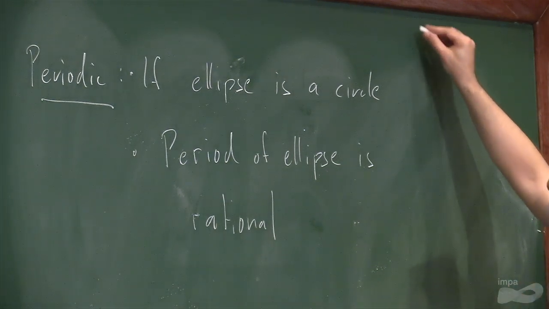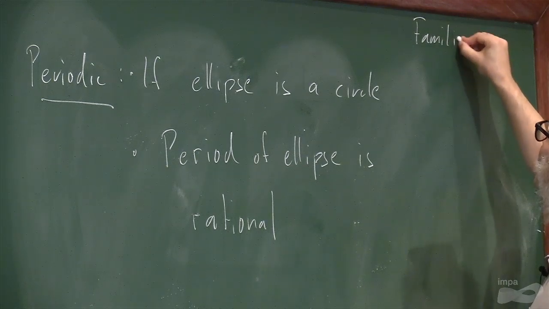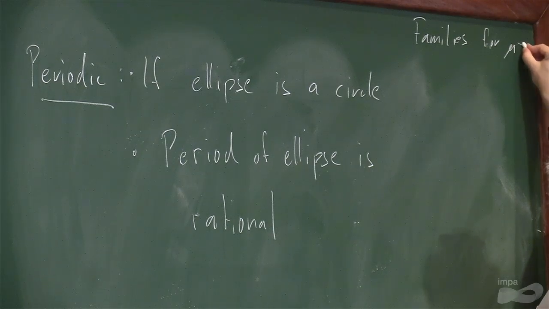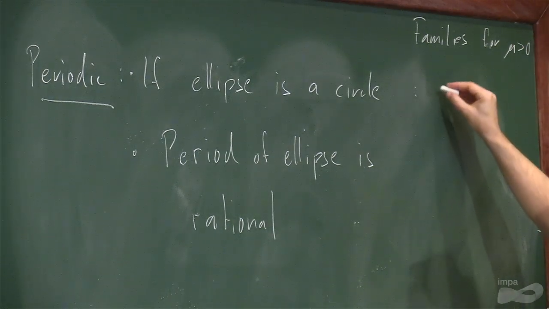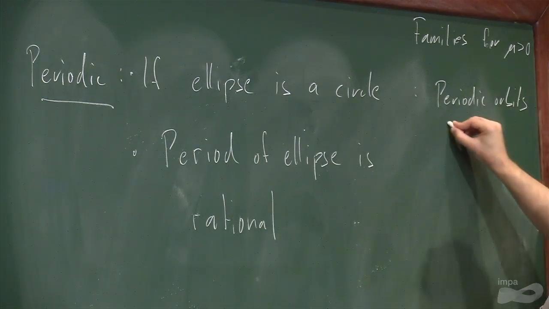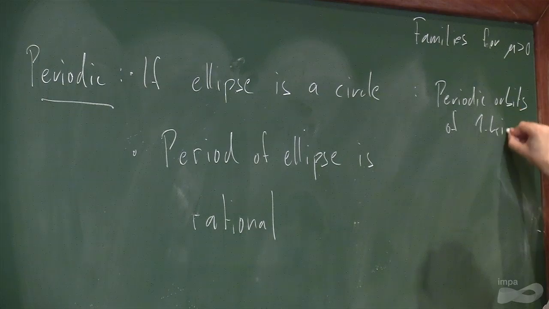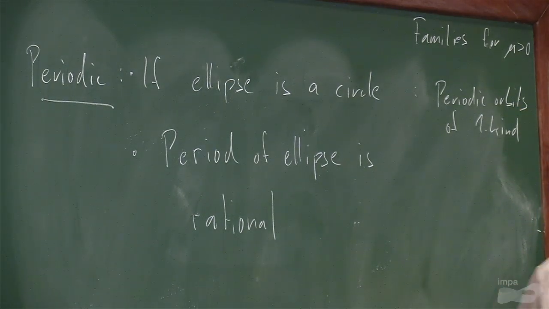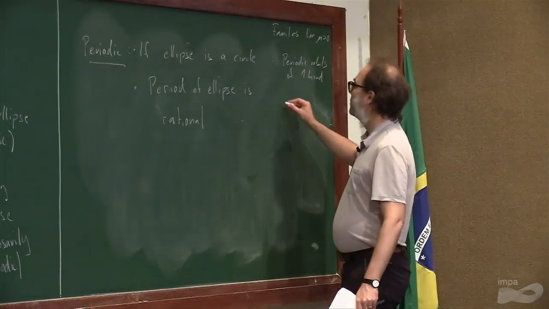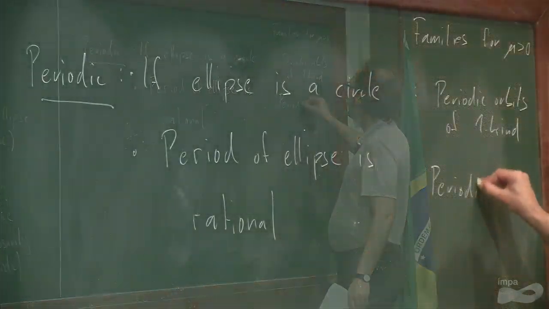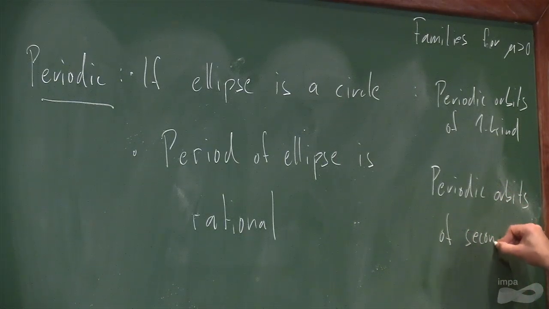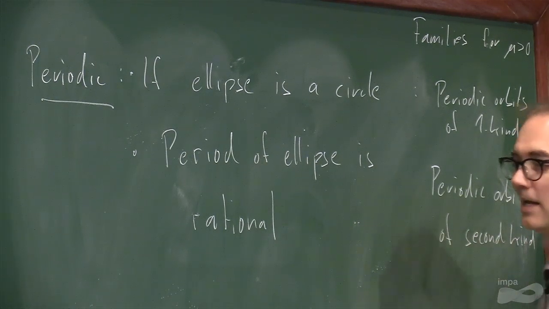So the families for mu bigger than 0, these are periodic orbits of the first kind. They are rather close to circles, and these are periodic orbits of the second kind. And they can look quite crazy.